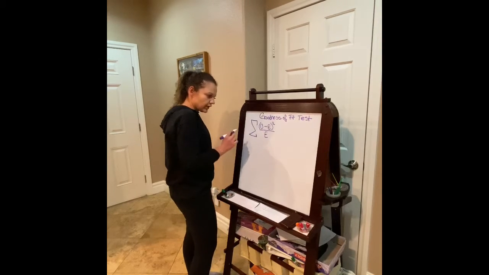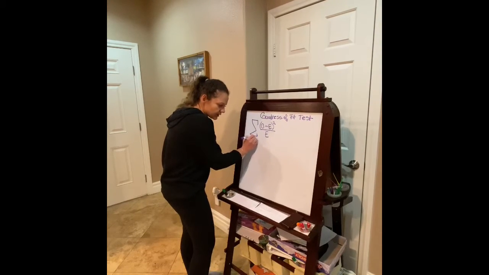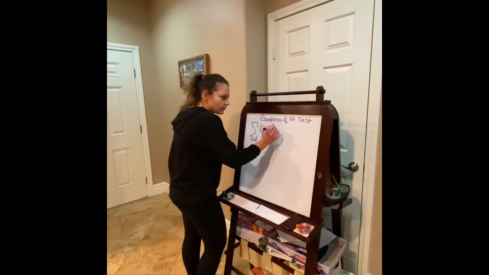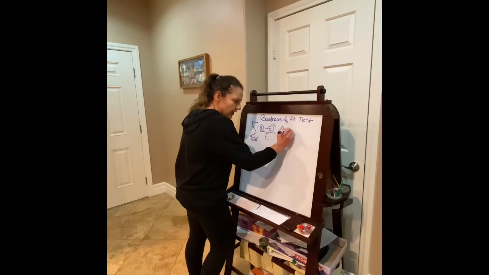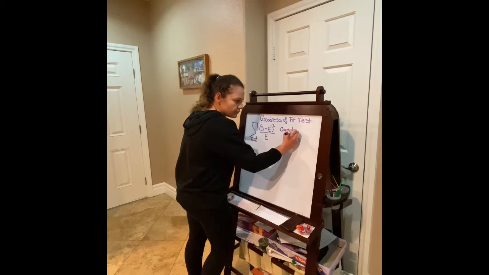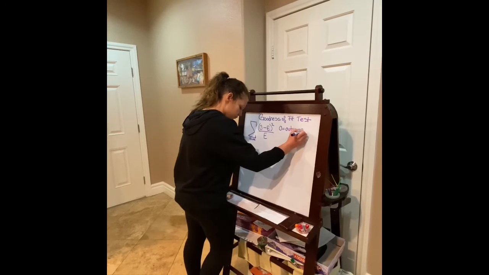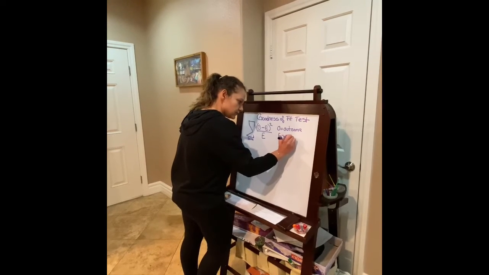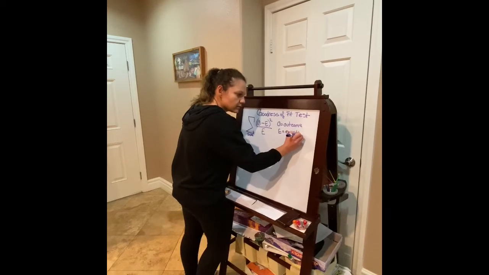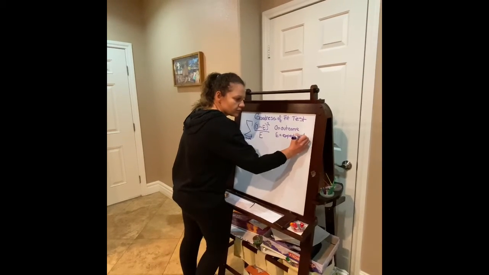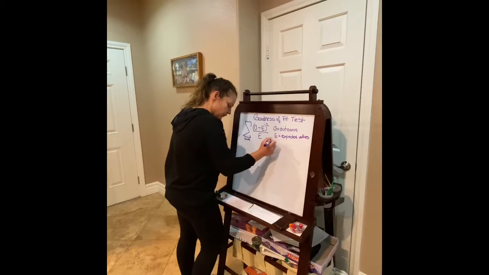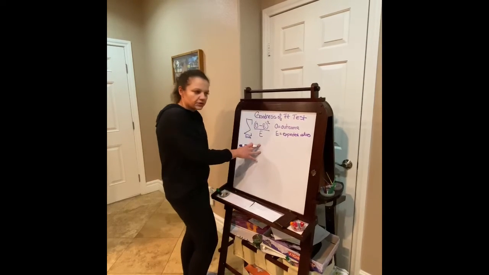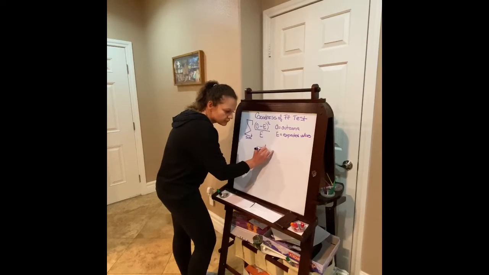This is the formula that we use. This right here would be the sum. The O stands for the outcome. E is expected values. Also, we're going to need to learn the degree of freedom.